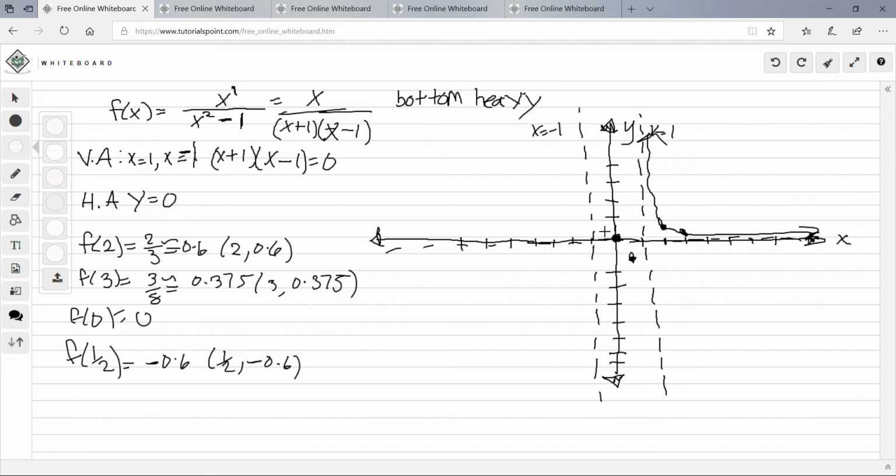Okay, now let's try -1/2. So right here, that should give you positive 0.6. So it's going to be (-1/2, 0.6).